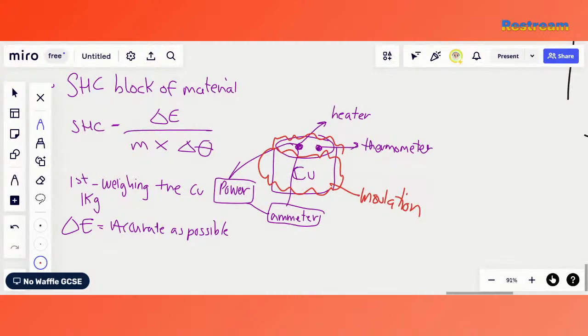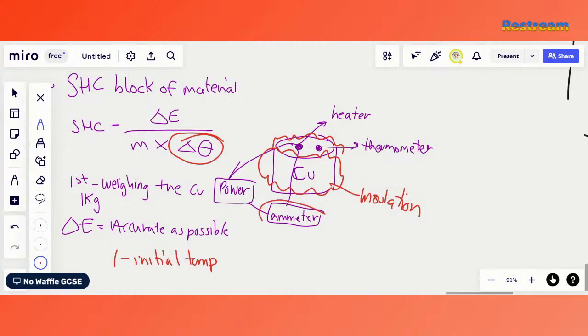Okay. Now what you're going to do is insert the thermometer and start a stopwatch. You're going to measure the initial temperature of the block, because remember, we're looking at the change in temperature. And then you're going to switch on the power supply. When you turn on the power, the current in the circuit works on the heat, transferring energy electrically, changing the thermal energy store.